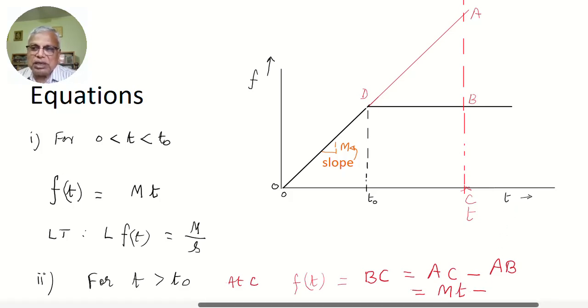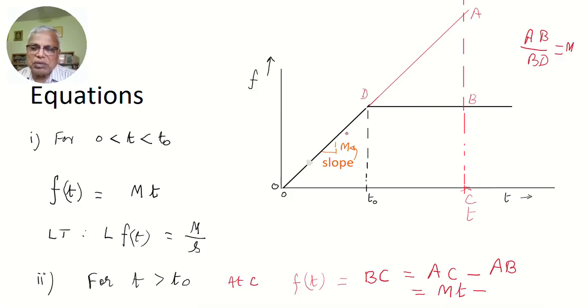Now what is AB? AB by BD is the slope of the line, equal to the same slope m. And BD is what?